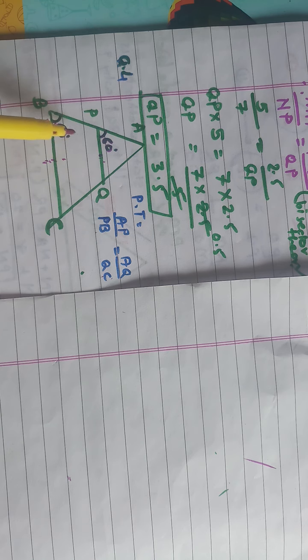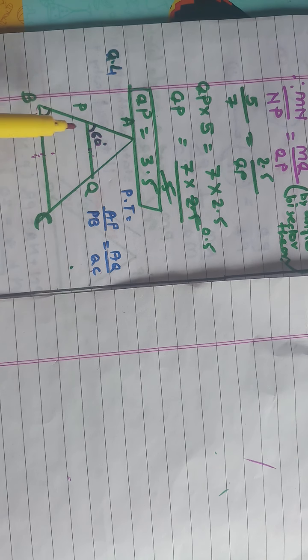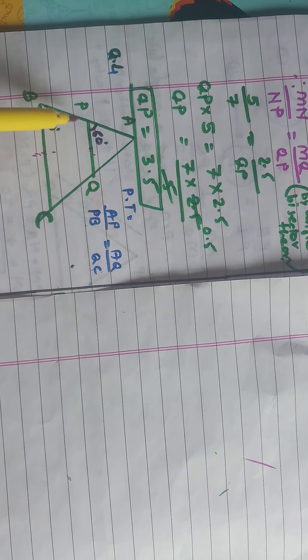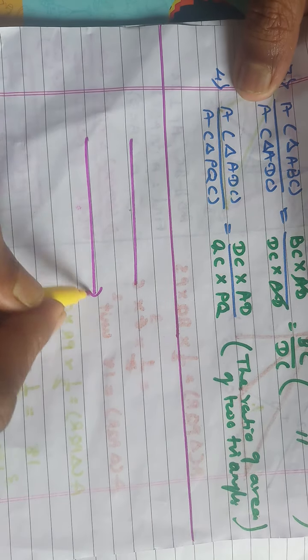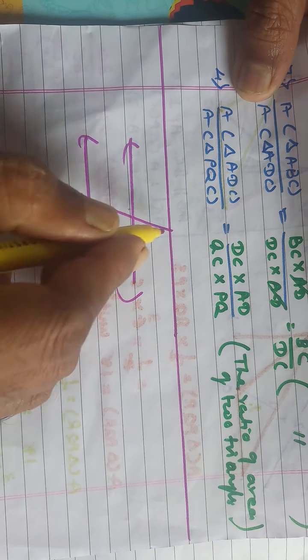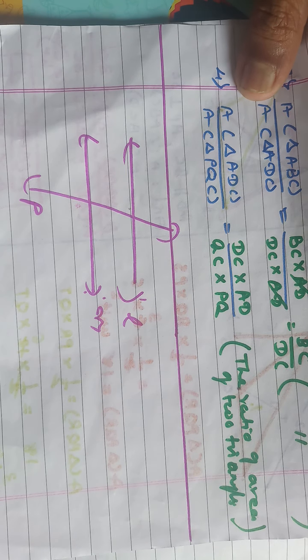Now both the angles are of the same measure, 60 and 60, and these angles form a pair of corresponding angles. We know that if the corresponding angles are equal, then those two lines are parallel. We already studied this earlier. These are the two lines L and M, and P is the transversal.